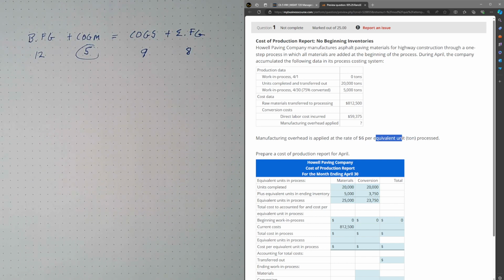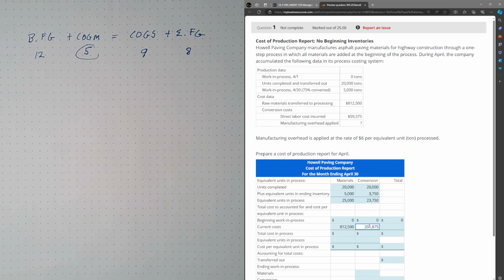So what I'm going to do is multiply 6 times 23,750, and then add the 59,375. So let's do that. 6 times 23,750 plus 59,375 equals 201,875.